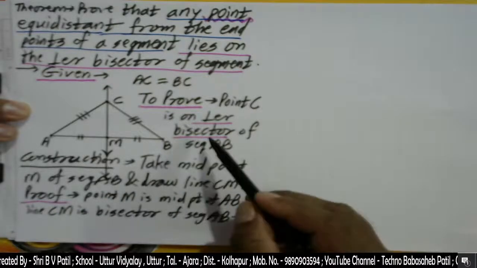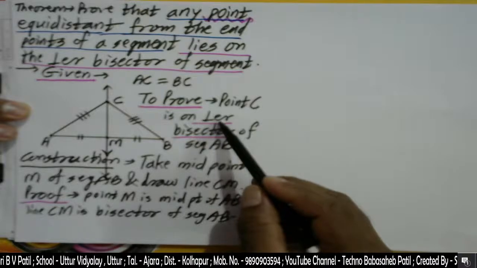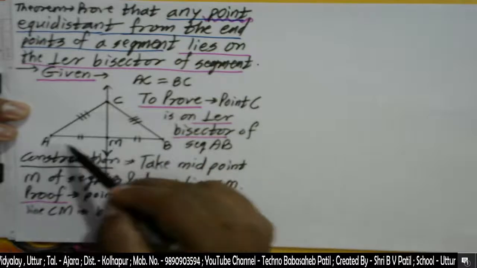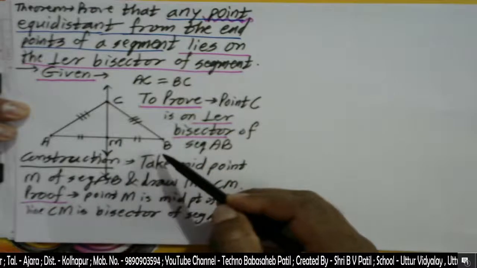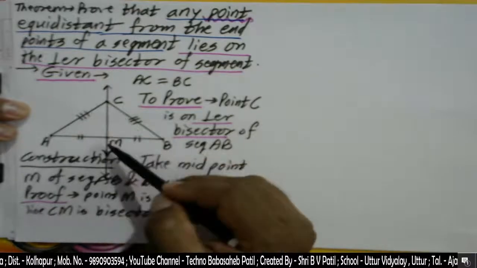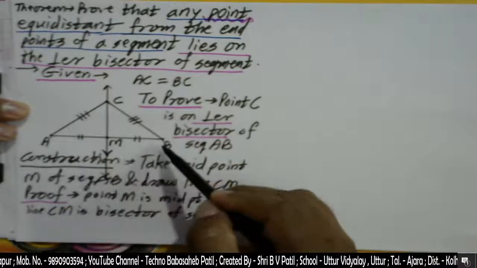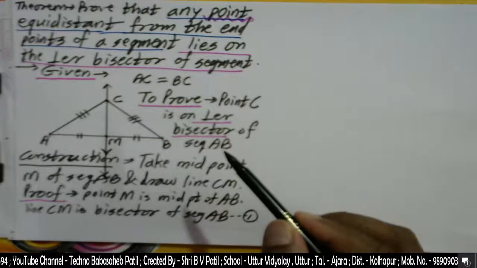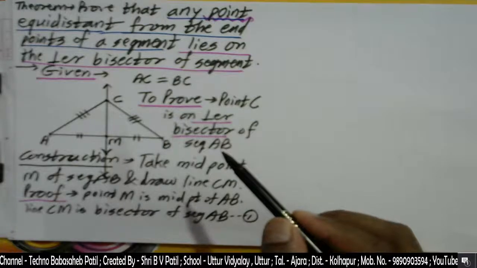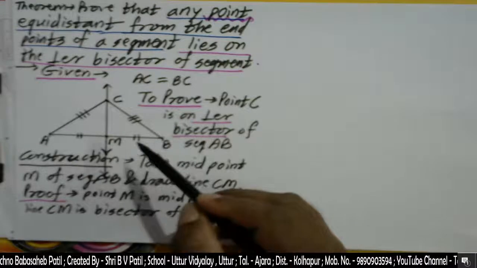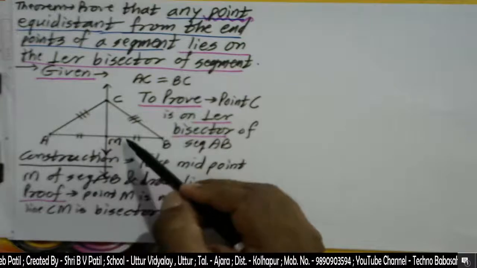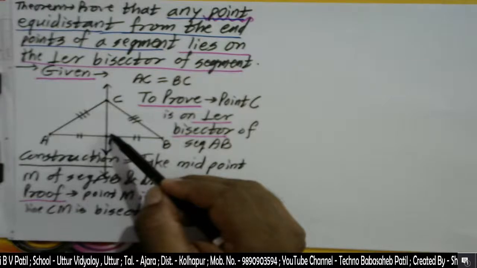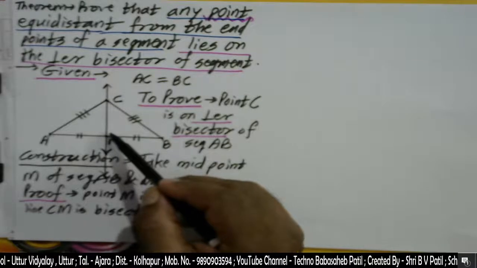Then this is bisector, but we want perpendicular bisector. When can we say that line CM is perpendicular to AB? When that line is perpendicular to segment AB, means here we want how many degree? Here we want 90 degree.